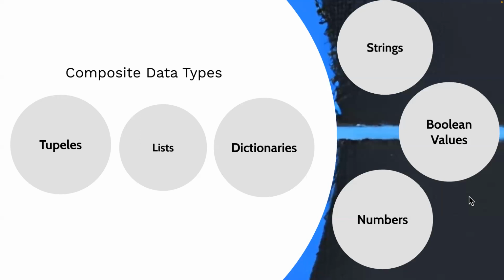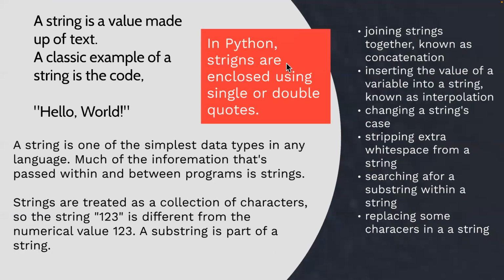So, let's go through the simple data types first. Let's talk about strings, just a little bit of review. A string is a value made up of text. A classic example of a string is the code hello world, right? So anything within the quotations like you see there, hello world. All right, in Python strings, excuse my typo there, are enclosed using single or double quotes, as you saw there.